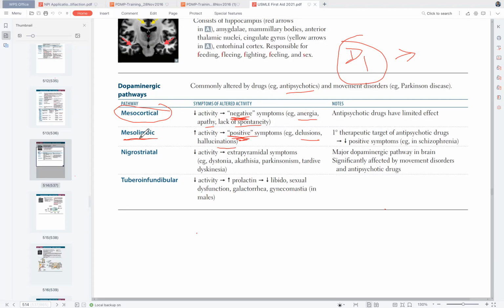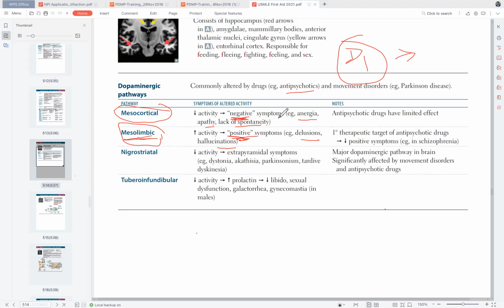The way I remember is it's like the limbs, right? They are so active and they throw their limbs, they hit people. So that is the positive symptom. So the limbs are so active. They love to ask you, and the answer would just be the mesolimbic pathway. Which of the following pathways is causing these symptoms is the mesolimbic.